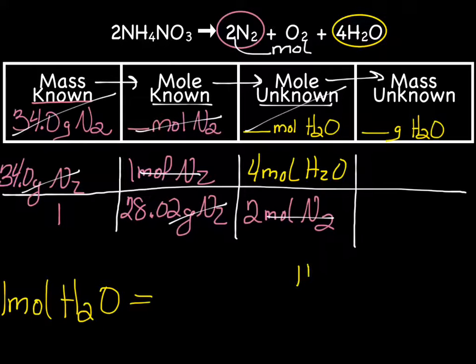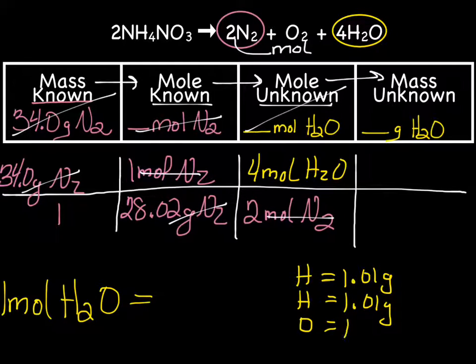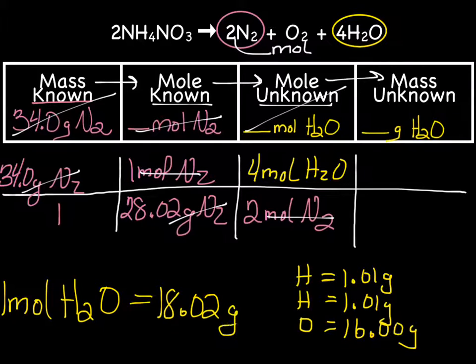And this time we have 2 H's and an O. Hydrogens have a molar mass of 1.01 grams, and oxygen has a molar mass of 16.00 grams, giving us a molar mass of 18.02 grams.